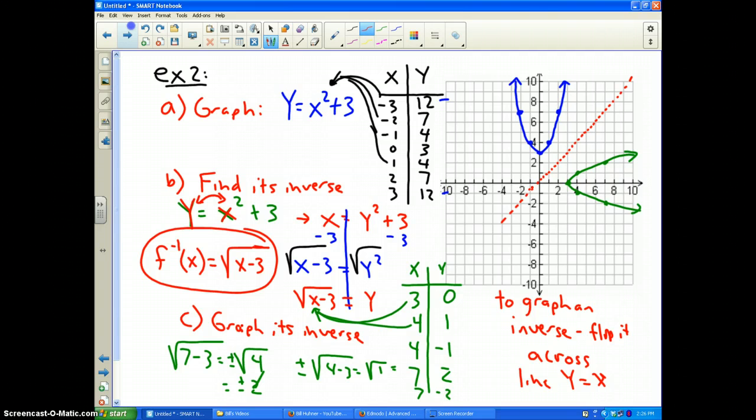There's that dotted line, and if you notice, the blue graph is a mirror reflection of the green graph. So therefore, we do have the proper inverse function. There it is. That's our inverse function of that function, and we've proved it on the graph.